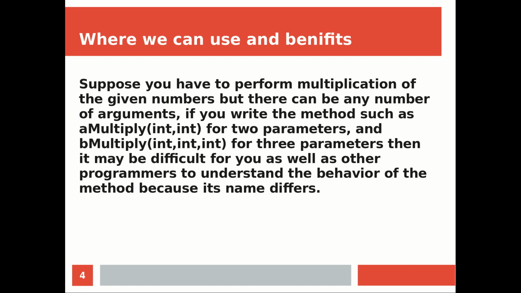So we can declare the same name for both methods, because my use case is the same and only the parameters differ. The output I want to return is the multiplication of the numbers, and it depends on the user whether he passes 2 numbers or 3 numbers. So this is an example of method overloading.